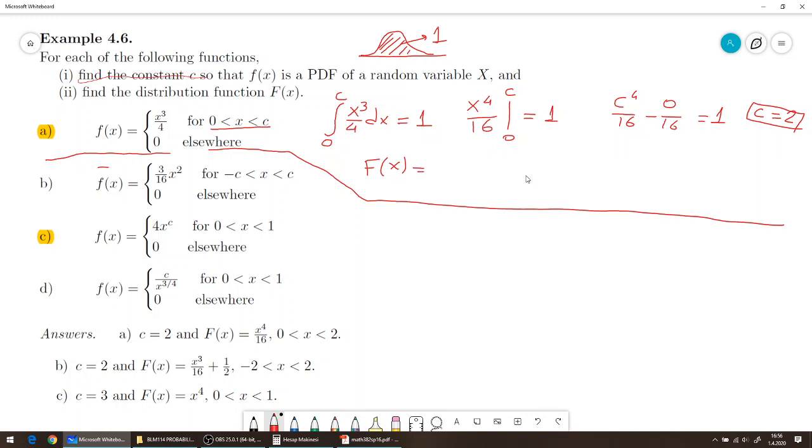It is from minus infinity, but here instead of minus infinity we will use 0 because our function starts from 0, to x, t cube over 4 dt.